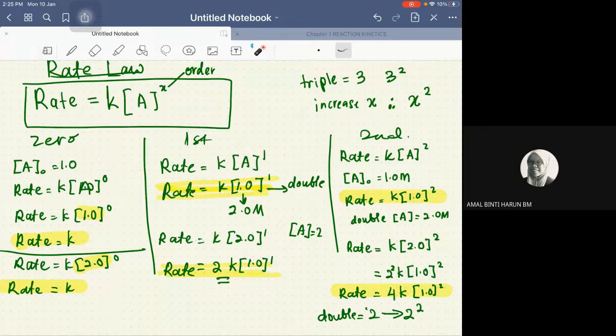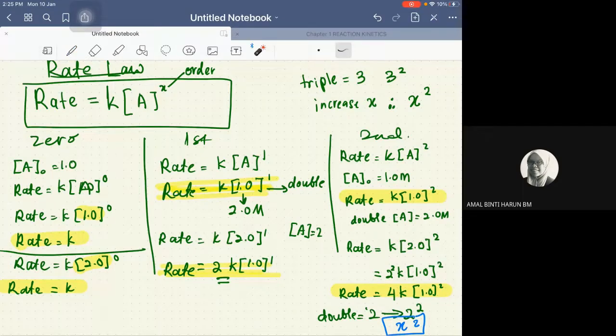Tapi kalau first order, kalau kita doublekan concentration, dia akan meningkat sebanyak mana kita tambahlah. Kalau kita doublekan, dia akan meningkat 2 kali ganda. Kalau kita triple, dia akan jadi 3K. Kalau kita jadi 4 kali ganda, quadruple 4K. Kalau second order, dia akan meningkat by X square.